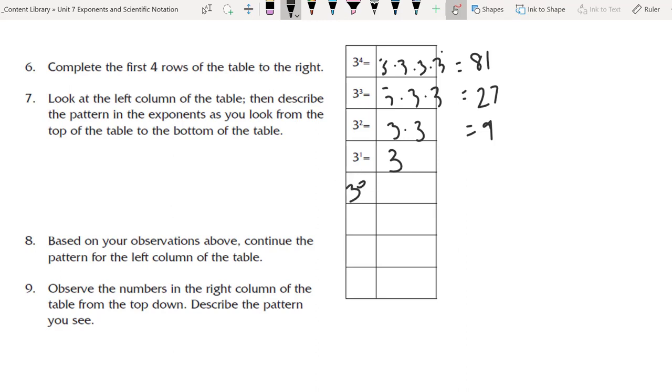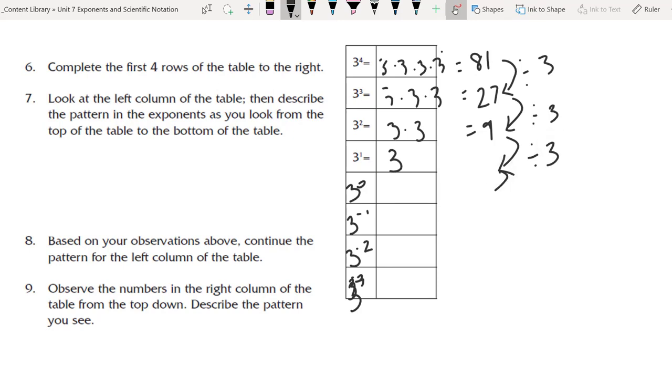So this is 3 to the 0, 3 to the negative 1, 3 to the negative 2, 3 to the negative 3. It's kind of hard to see there. I think I made it worse. Okay, so from here to there, we divided by 3, divide by 3, divide by 3.